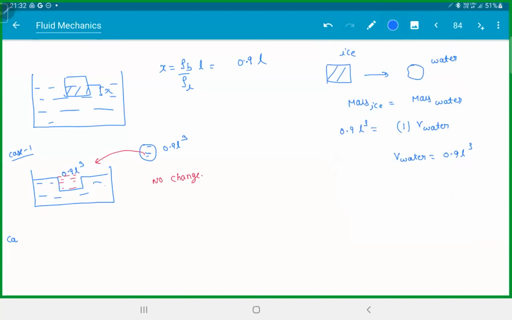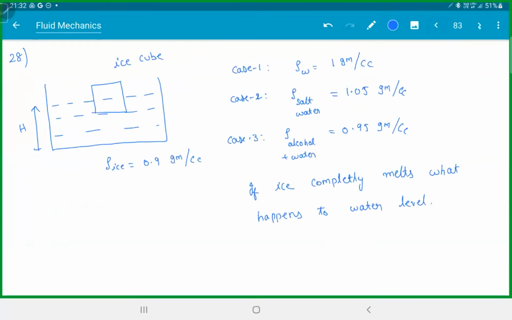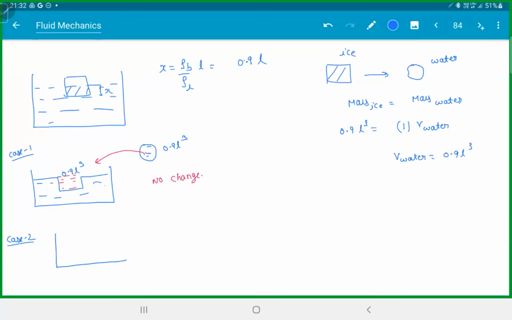Case 2, what will happen to the cavity? In case 2, the density of water is more. So will it sink more or sink less? If the density of the liquid is more, will it sink less or more? See, the density of the liquid is more, so x will be small, right? So this cavity will be less than 0.9 L cube.